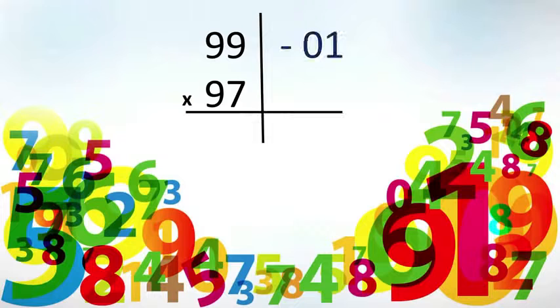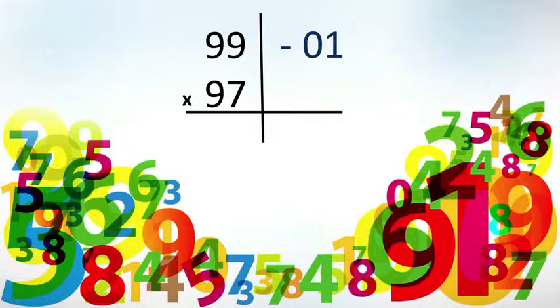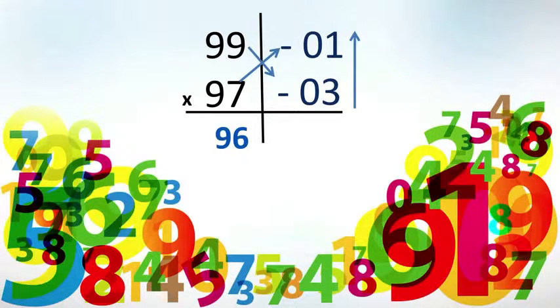So we write minus 0, 1. And 97, is it more than 100, less than 100? Less by how much? Minus 0, 3. So we subtract crosswise, and we do 99 minus 0, 3 like this, and 97 minus 0, 1. That gives you 96 as the first part of the answer, and 0, 3 times 0, 1 vertically, that gives us 0, 3. So our answer becomes 9603.